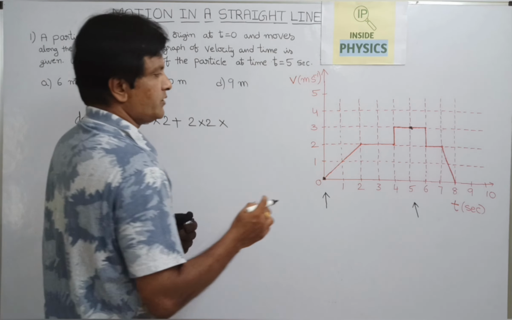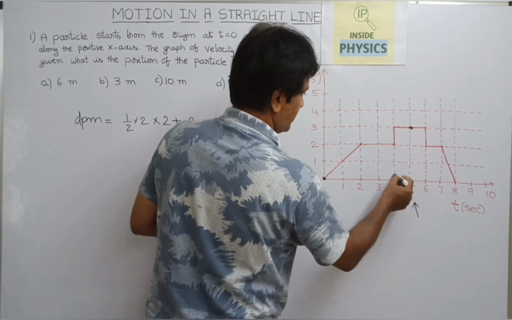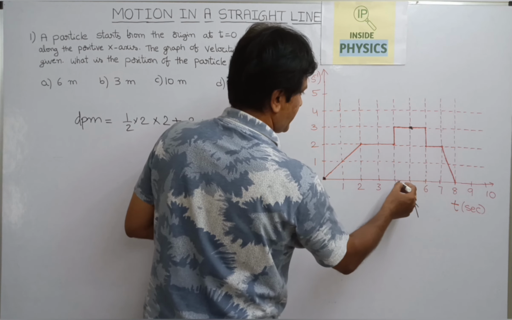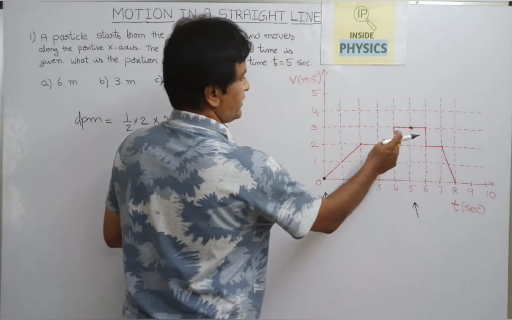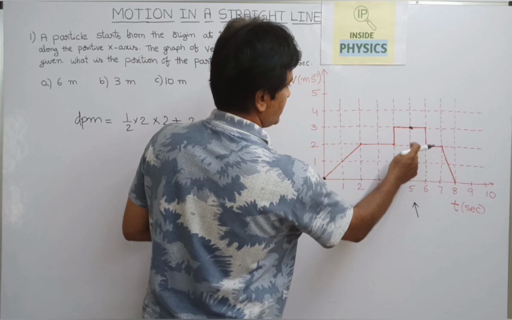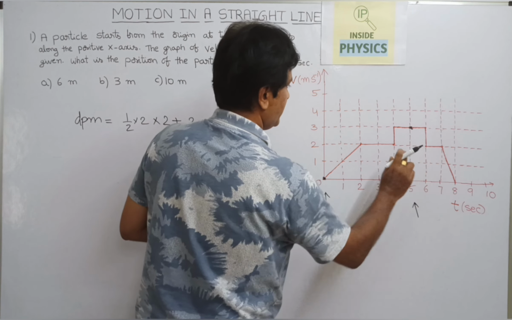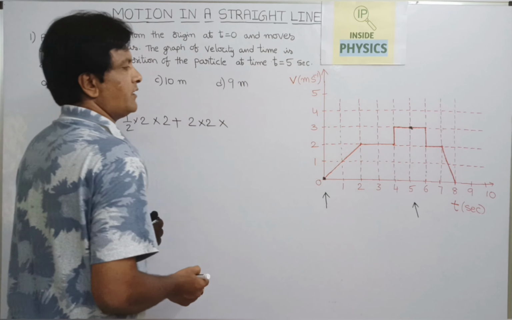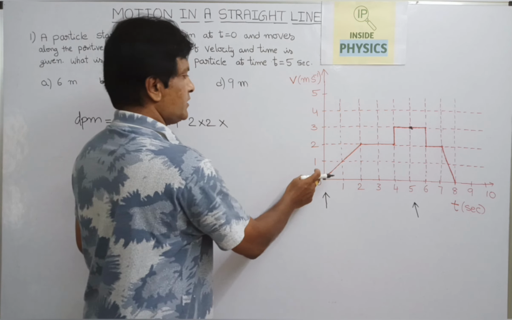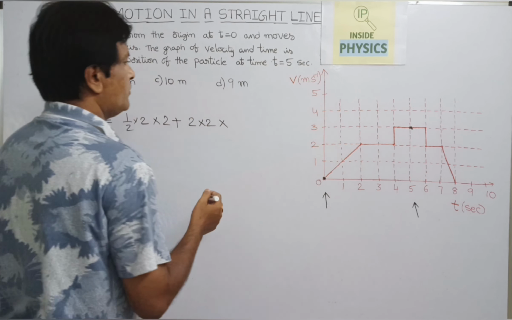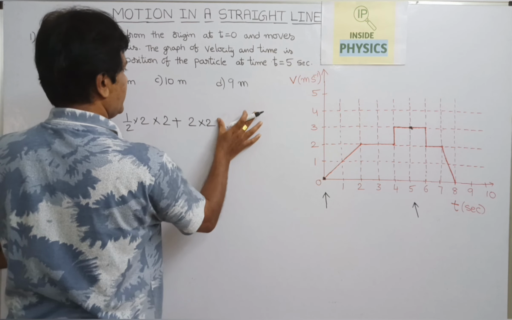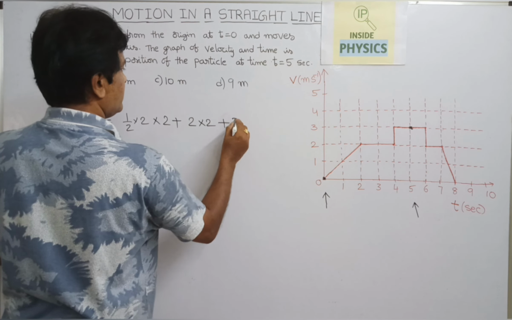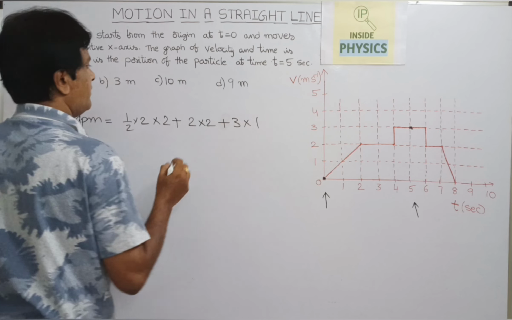How is the area of this particular rectangle taken? Length into breadth. Length is 3 and the breadth, that is time, is 1 second. So the velocity is 3, 3 into 1, plus here we take 3 into 1.